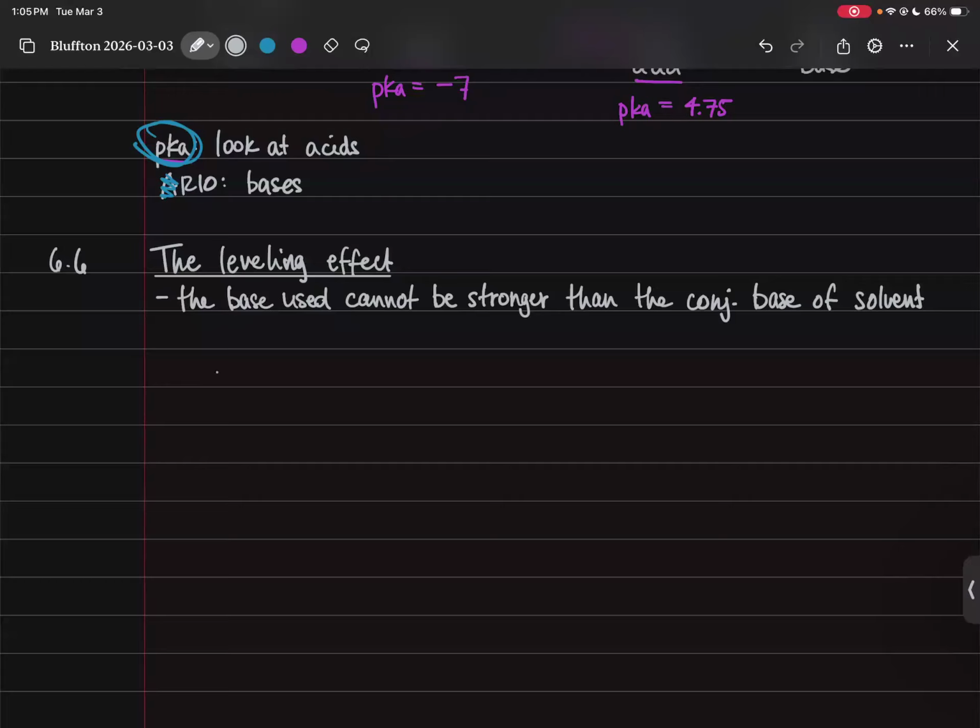So let's say that we've done some of this analysis up here, and we've decided that we need to use a very, very strong base for our reaction. This is an example of a very strong base.